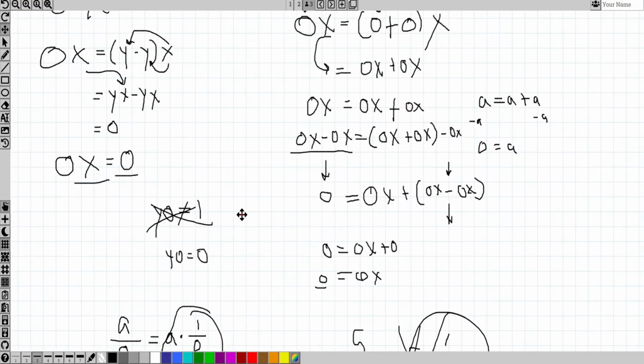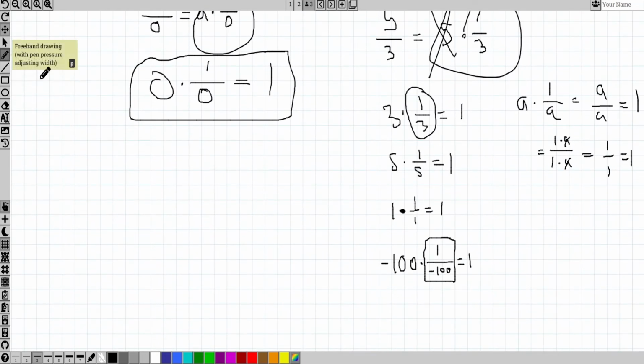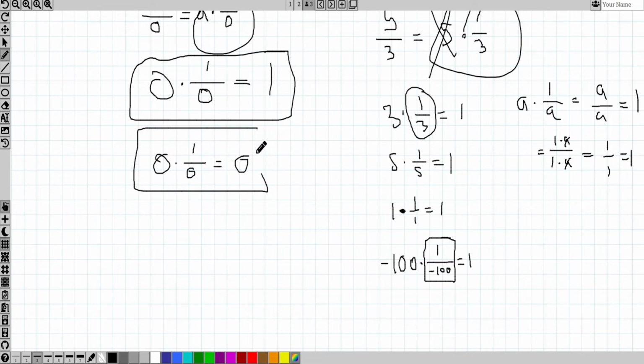However, I just gave you 2 proofs that say that 0 times 1 over 0 should be equal to 0. Now, of course, this is a bit of a shady equation because we're not even sure this thing exists, but just for the sake of it, assume that you trust me that anything times 0 is 0.